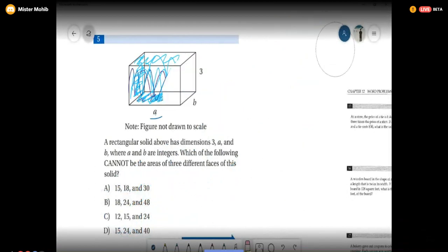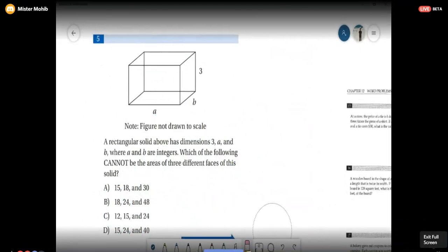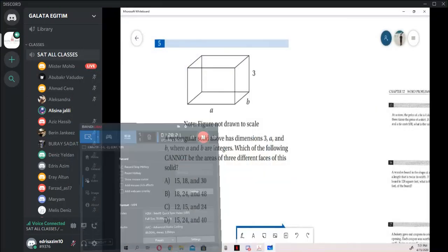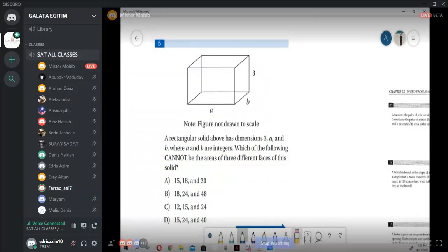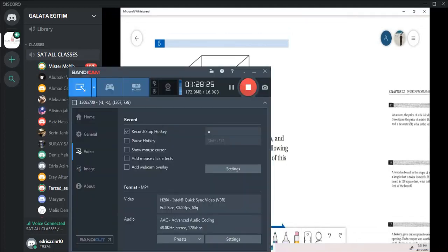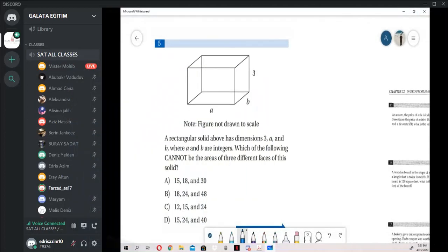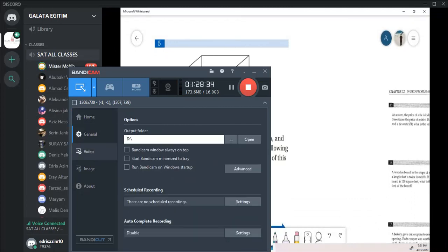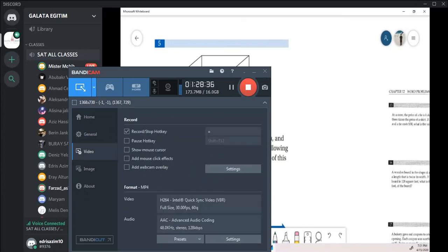That means it is not my set of areas. I can find A and B from these two areas, but this one cannot be this, because when I put them here, it gives me 25, but not 24.